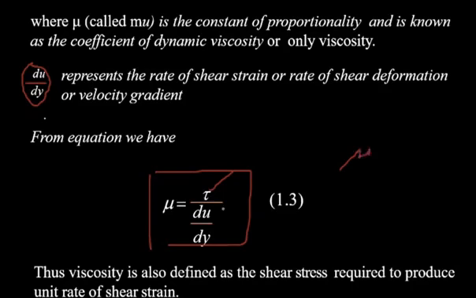Now the term du by dy is called the rate of shear strain or rate of shear deformation. So from the equation, this mu, the dynamic viscosity or only viscosity, is equal to tau divided by the rate of shear strain.